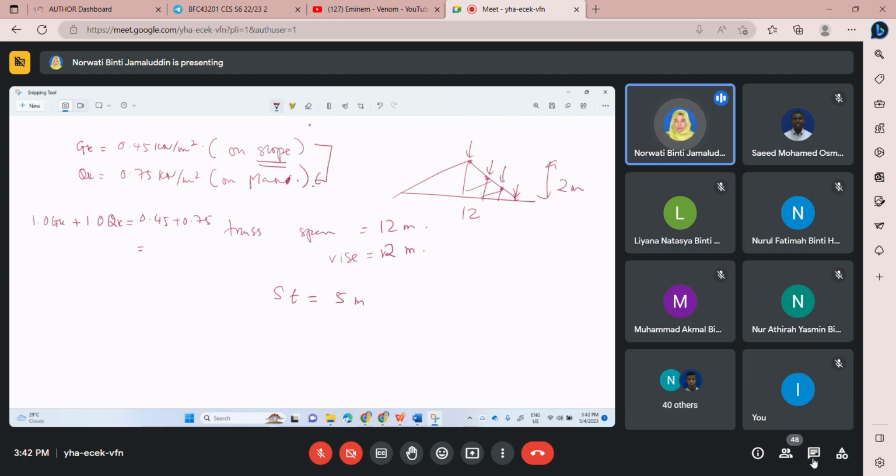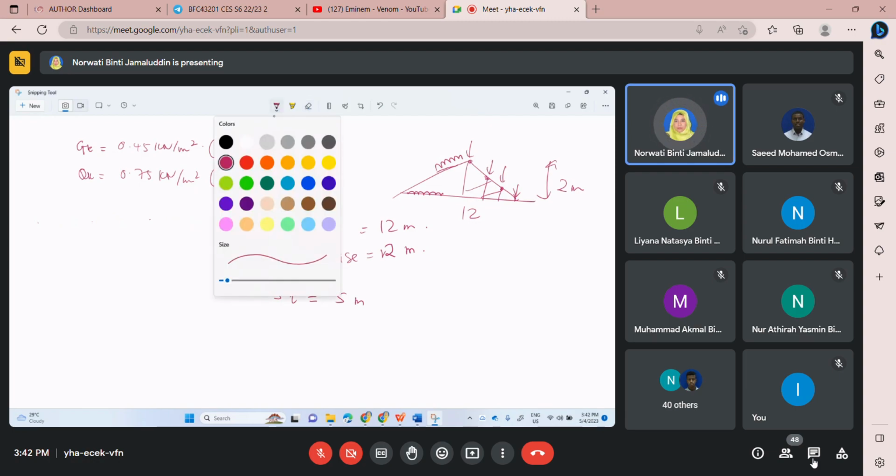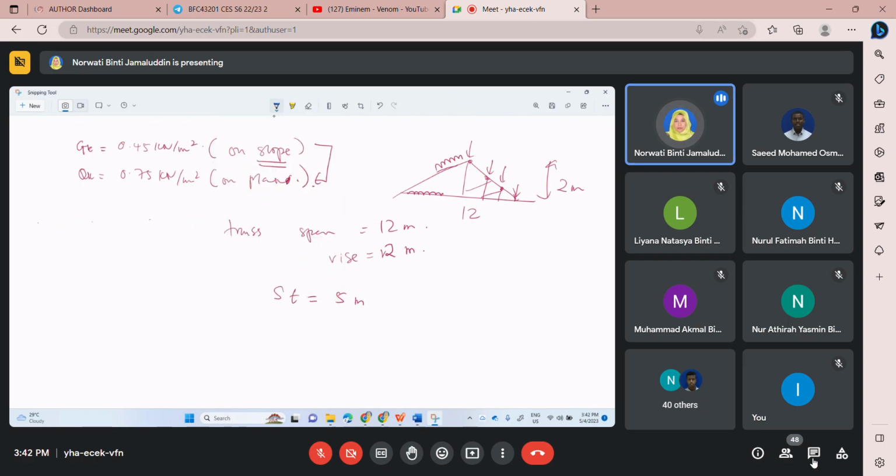This one is on slope. Means that the loading will be on slope, while QK is in the form of on plan. You cannot directly add these two values because it is still in the same unit but referring to another area.